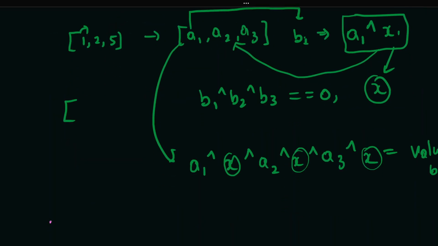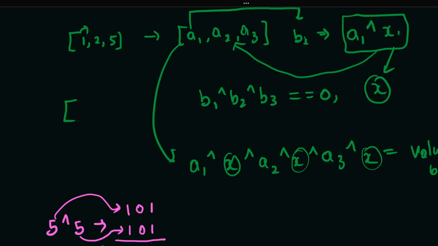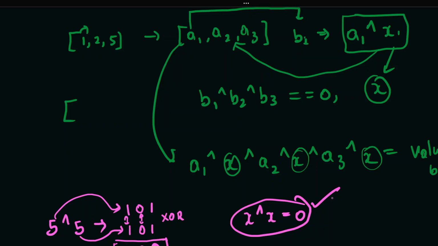If you logically think, 5 XOR 5, what will the value be? When I write this 5 in binary format and this 5 in binary format, it looks like this. And when I XOR these bits, 1 1 will become 0, 0 0 will become 0, and 1 1 will become 0 again. So X XOR X will be 0. If the same number is XORed with itself, it is 0. Okay, let's keep this in mind.